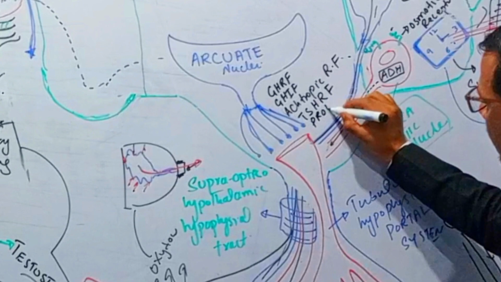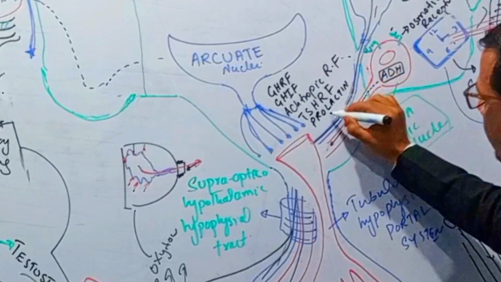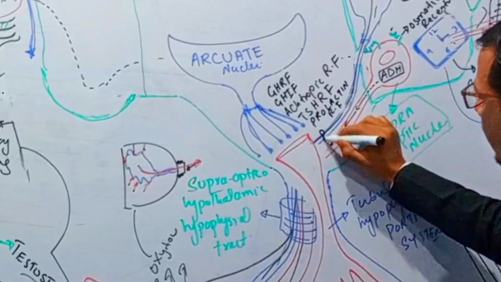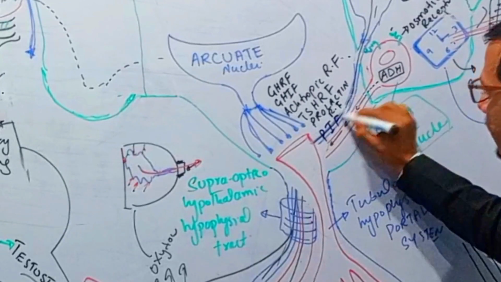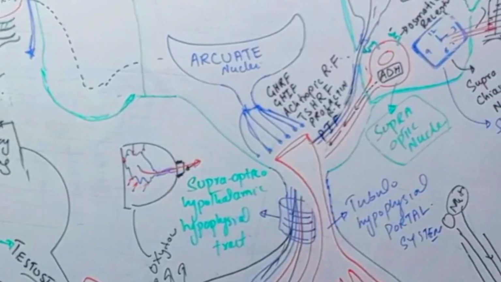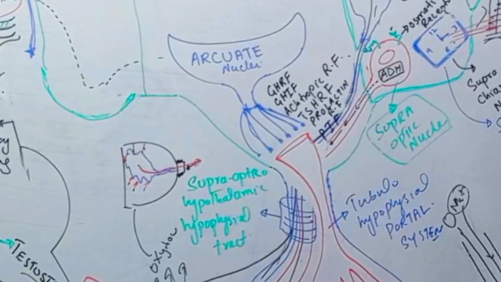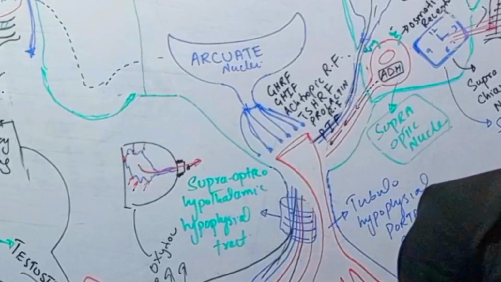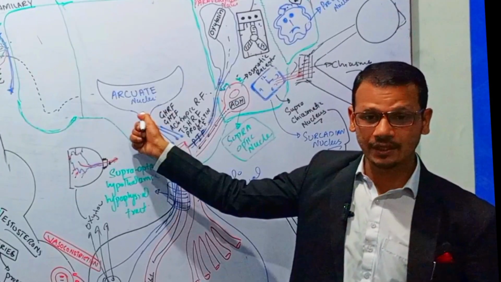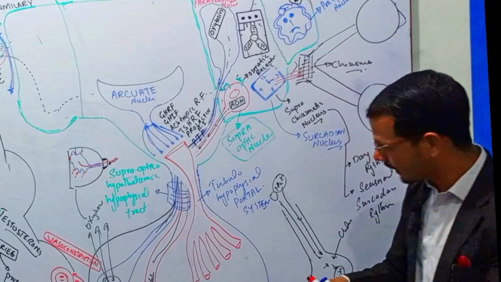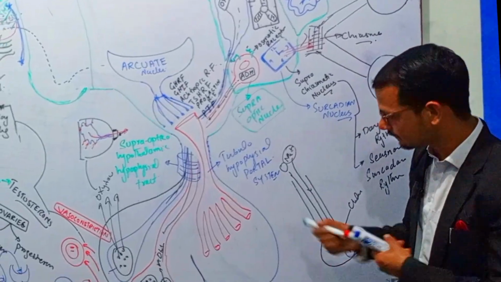Prolactin releasing factor, prolactin inhibition factor. All these hypophysiotropic hormones or hypophysiotropic factors are released by this arcuate nucleus, right? And here we have a lot of cells.